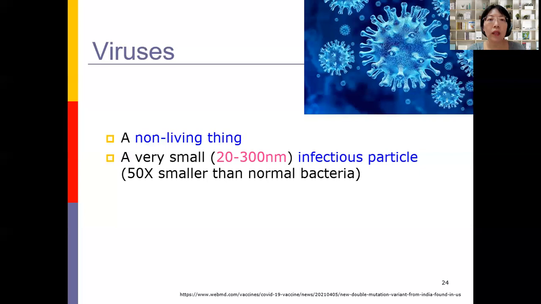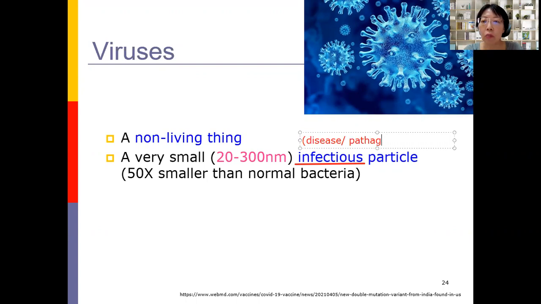So when you use the word infectious, what comes into your mind when you think of this? So when you see the word infectious, right, it refers to 2 things. Infectious is either you refer to the disease or you refer to the pathogen, the organism that can cause the disease.